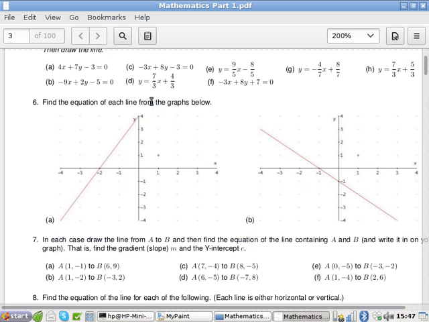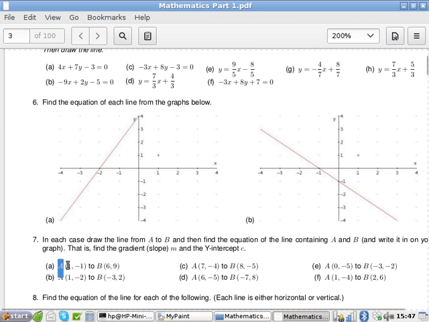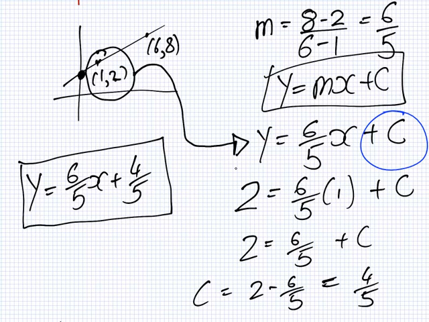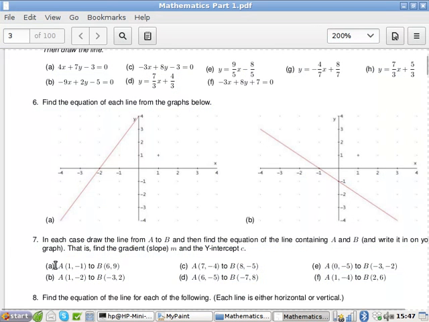So for example, what would be this point here? 0, 4. And minus 2, 0. So 6 and 7 are really the same, except in number 6 you have to do a little bit of reading from the graph. So if you could just try 7, where I give you the 2 points and I want the line. And if you can try and do it this way, please. So here, try this one now.